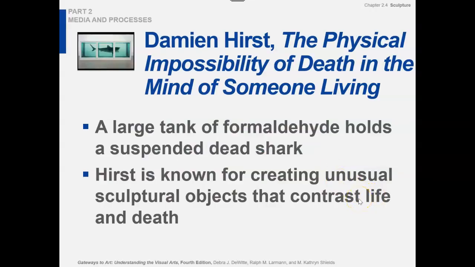So as that shark is being suspended in that tank, he's really making us start to think about the idea of the contrast between life and death, right? And it's physically impossible to understand death when we're alive, basically.